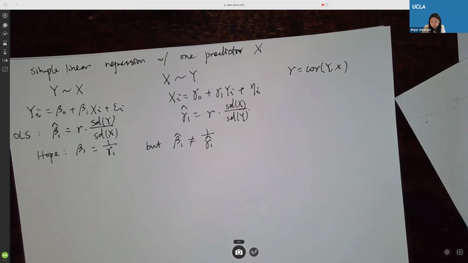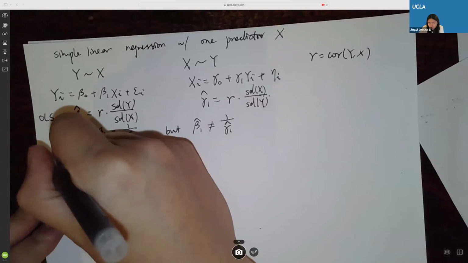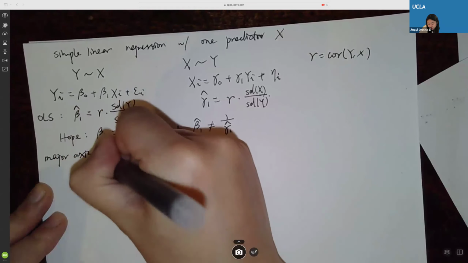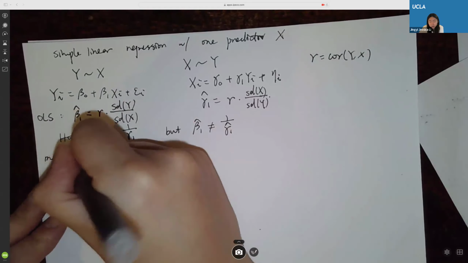But if you want to have this relationship hold, the two slopes being reciprocals of each other, there is an alternative to ordinary least squares that is called major axis regression. Some people call it MA regression.